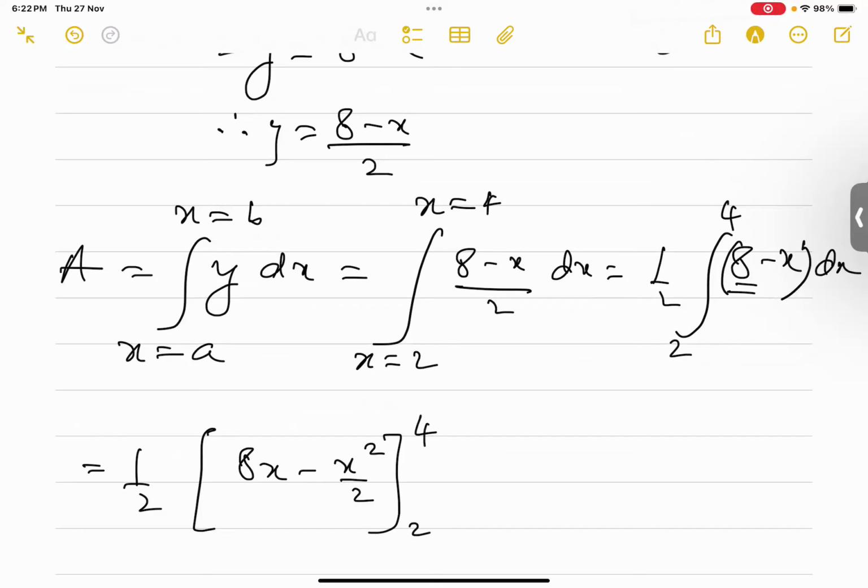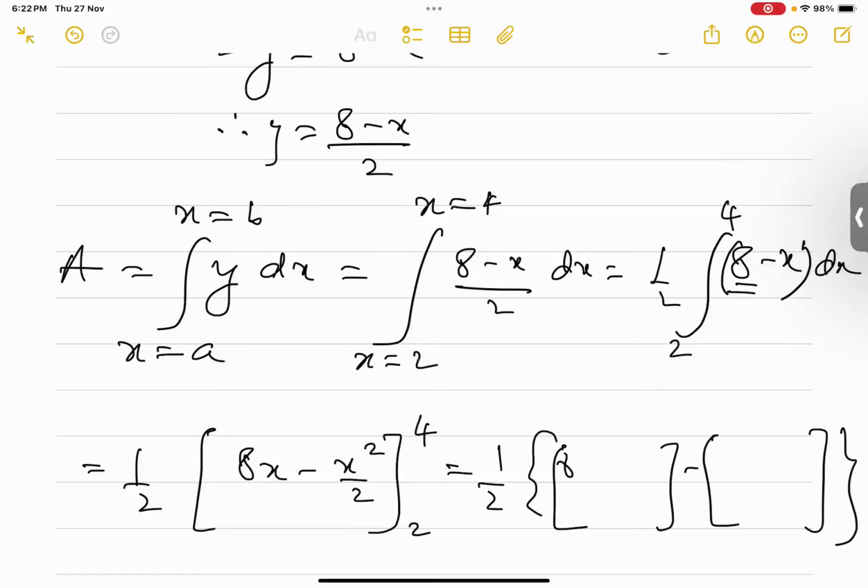So half, box minus box: 8 into 4 minus 4 square by 2, minus 8 into 2 minus 2 square by 2. You solve this, you'll get the answer.